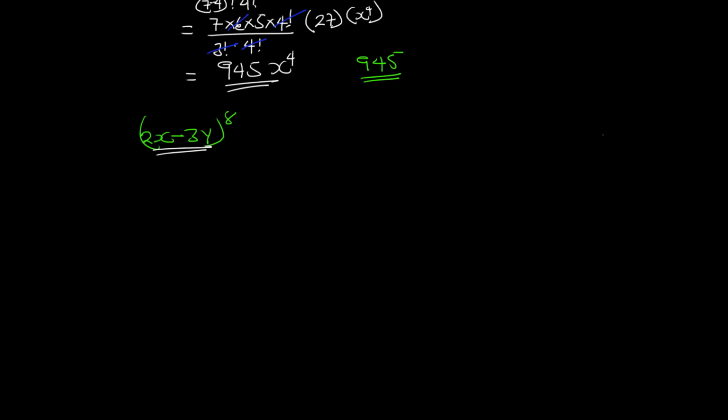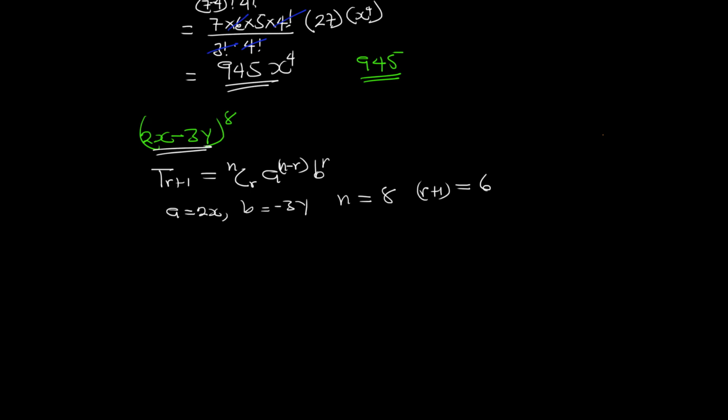We know that the terms in a binomial expansion can be found by T(r+1) equals n combination r, a to the power n minus r, b to the power r, where here in this case a equals 2x, b equals minus 3y, n equals 8, and r plus 1 equals 6. Therefore, we say r equals 5.